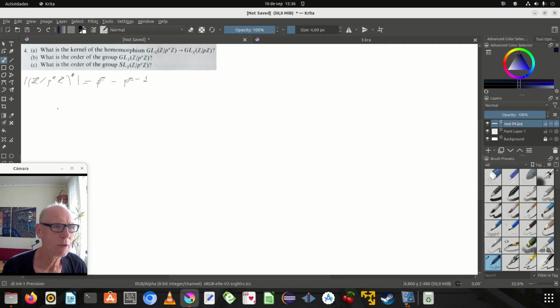So the unit element, of course, is... so to all of these four elements, we can add any of these p to e minus first numbers.